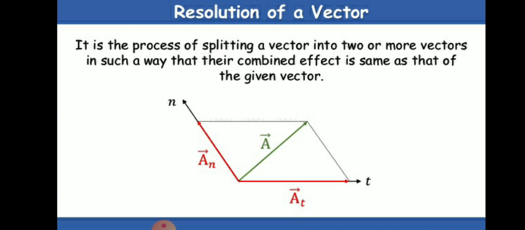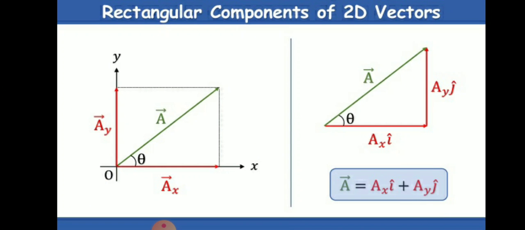You can observe here the vector A. It will be split into two components. That is the resolution of a vector. Now you can observe here, under the rectangular components of two-dimensional vectors, the vector A along the x and y axes, this is a two-dimensional plane. Vector A, its component along the x-axis is vector Ax.